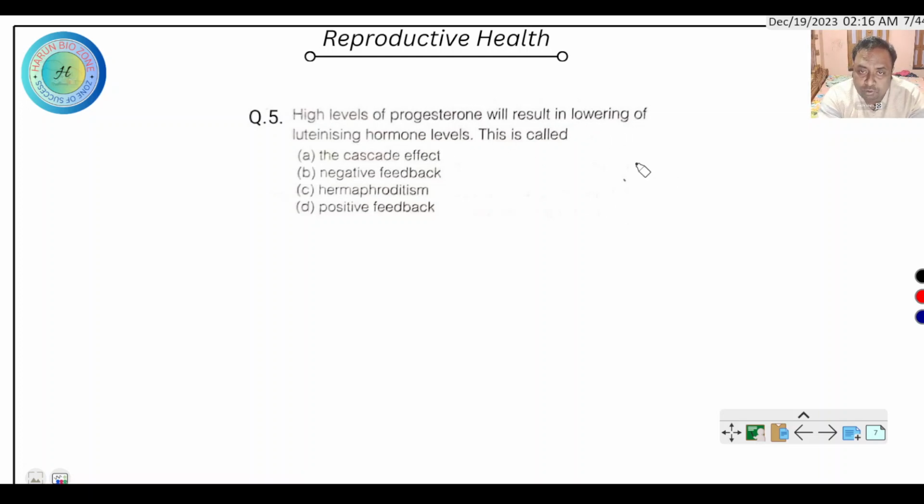When the progesterone level becomes high, the LH level decreases. This is called the negative feedback effect, where one hormone inhibits the secretion of another hormone.